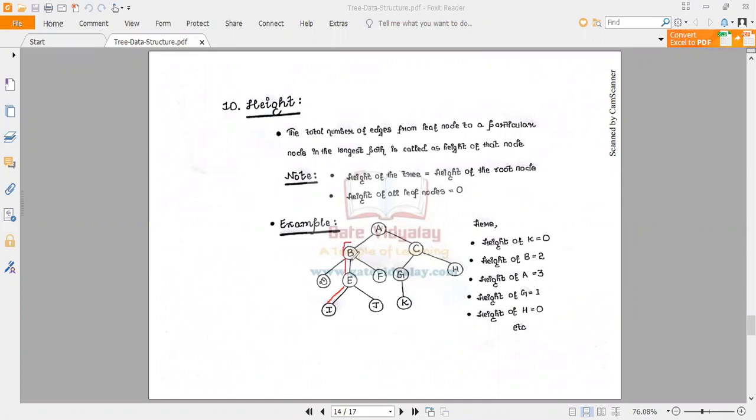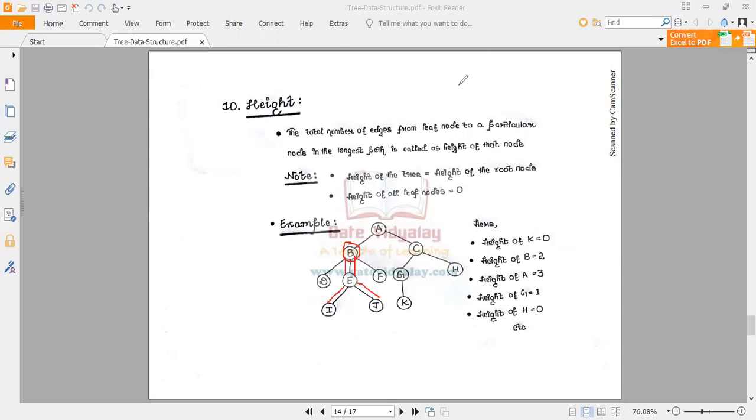So we have to follow this path to reach B, or maybe the path can be from J to E and then E to B. So this is again a height 2. So we have to traverse two levels to reach B, so this will be considered as height 2.